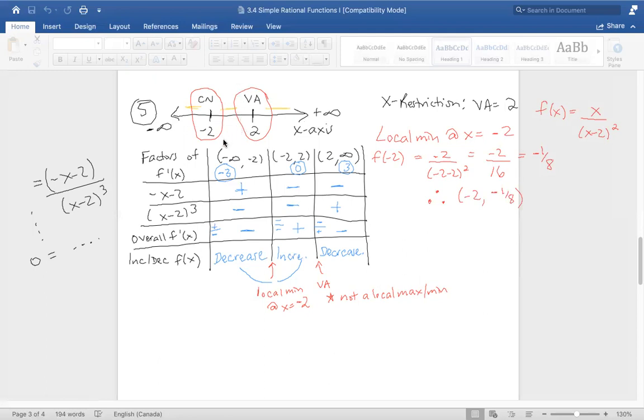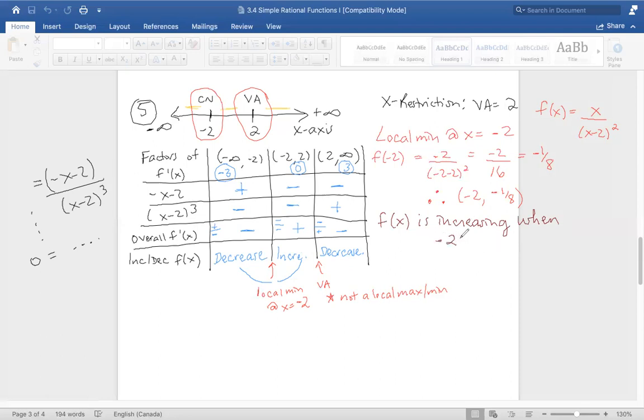And then just to state, increasing and decreasing. My original function, f of x, is increasing when? Here, I'm increasing between -2 and 2.